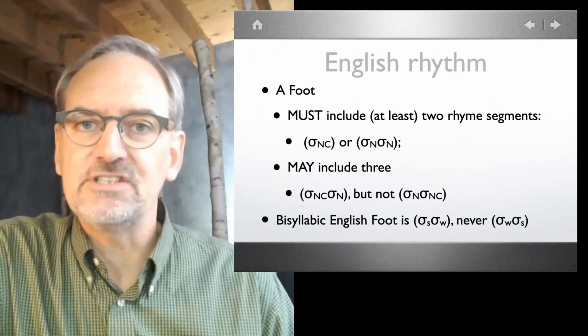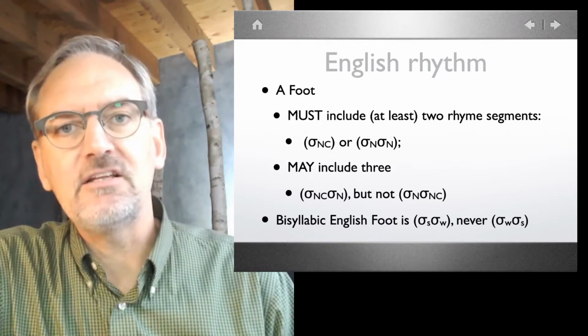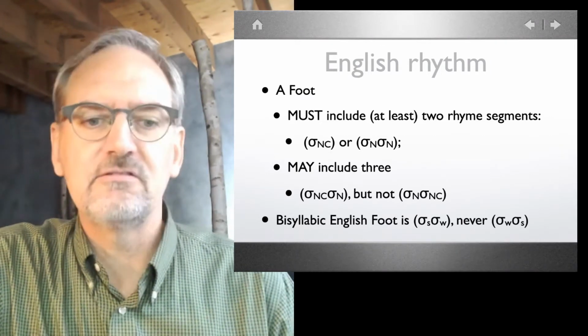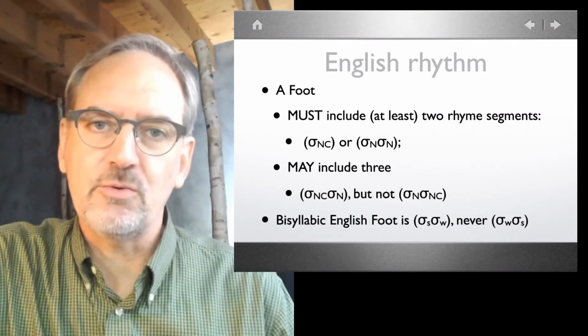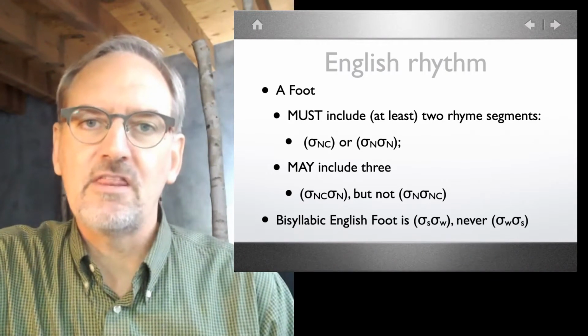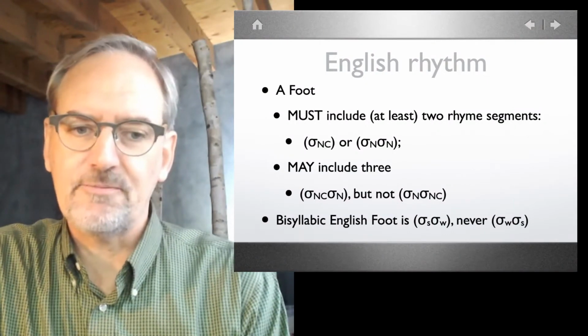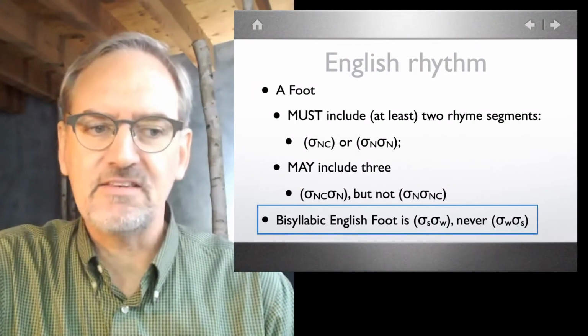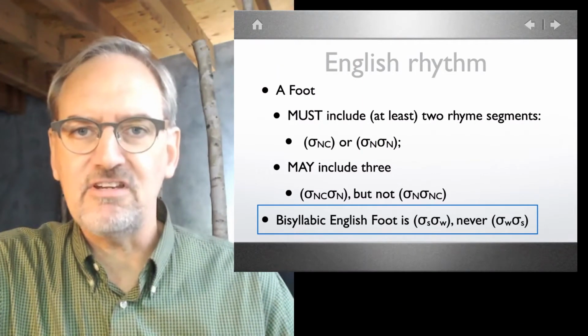And there are other languages that are weak-strong foot type languages. English is a strong-weak foot type language. And as a result, for any foot with more than 1 syllable, the first syllable is strong, the second syllable is weak, never the reverse. Okay? And that's the point I want to connect with heavy and light.